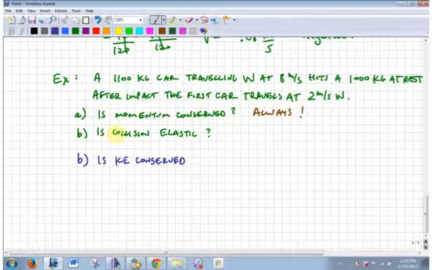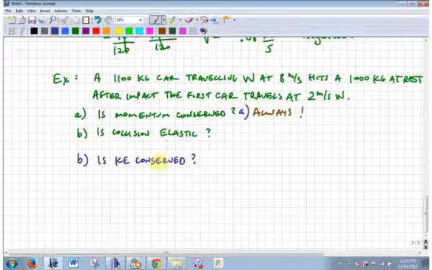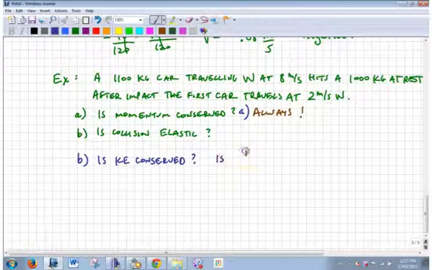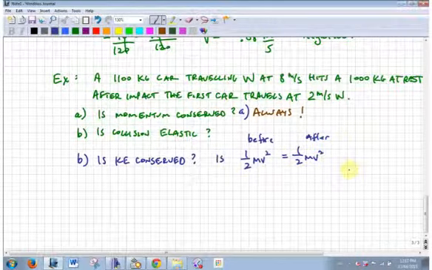I answered A. I'm doing B. If I know that, then I know this. What do I know about kinetic energy? I know a formula is 1/2 mv squared before equal 1/2 mv squared after. If it is, then energy is conserved and it's elastic. And if it isn't, then it's not.